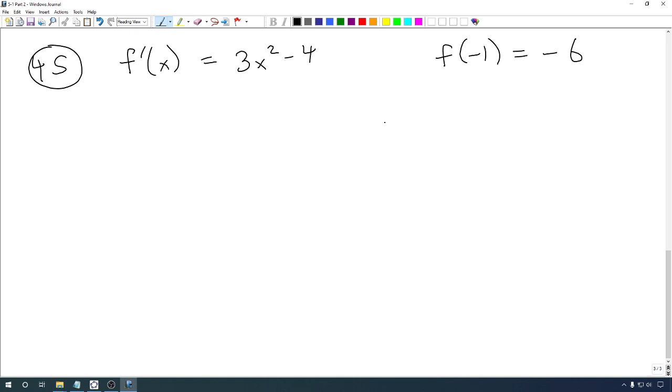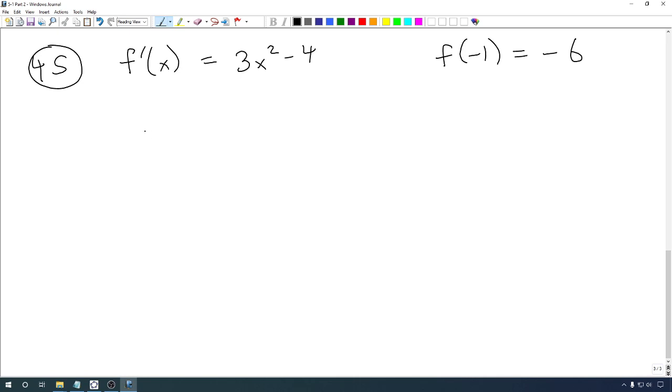Now note, this is actually a little bit modified from what is actually in the book for problem 45. For example's sake, I'm going to put in a -4 instead of a +4 in here. They have 3x squared plus 4. But I'm going to draw some pictures here in a moment, and it's going to make for a better picture if I put a negative there.